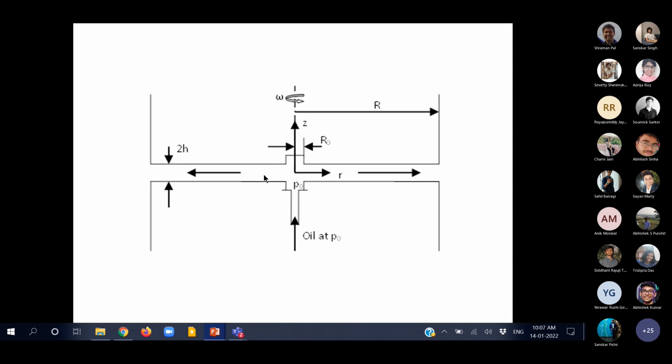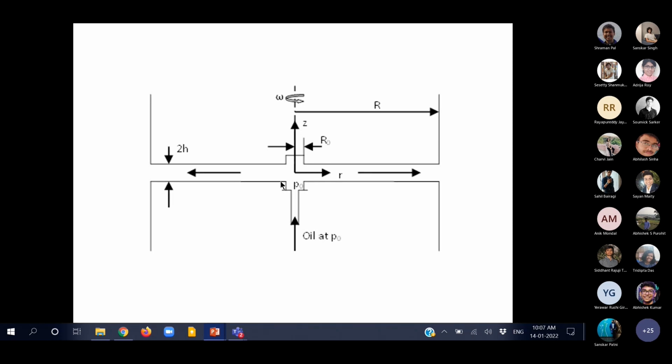This viscous dissipation, viscous breakdown, is to be calculated before you choose a specific lubricant. How you calculate the temperature field in such a situation is also important from a transport phenomena point of view, but we are not solving that problem right now. We will take it up when we discuss heat transfer.